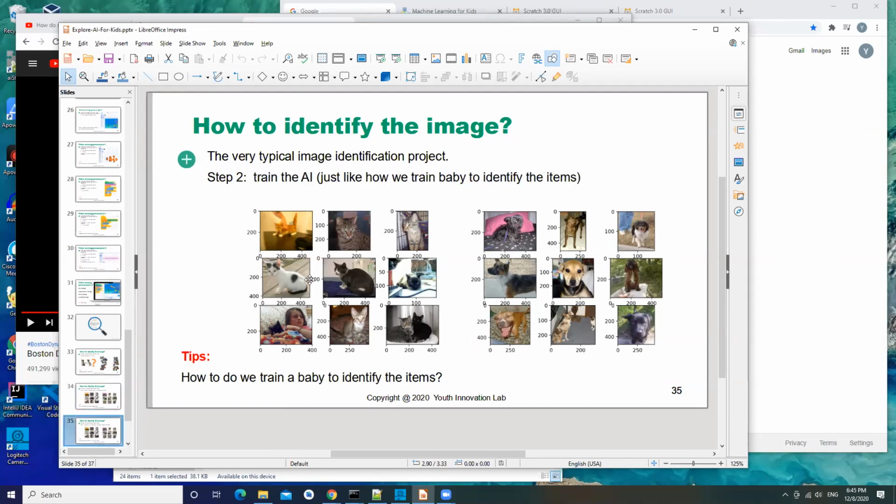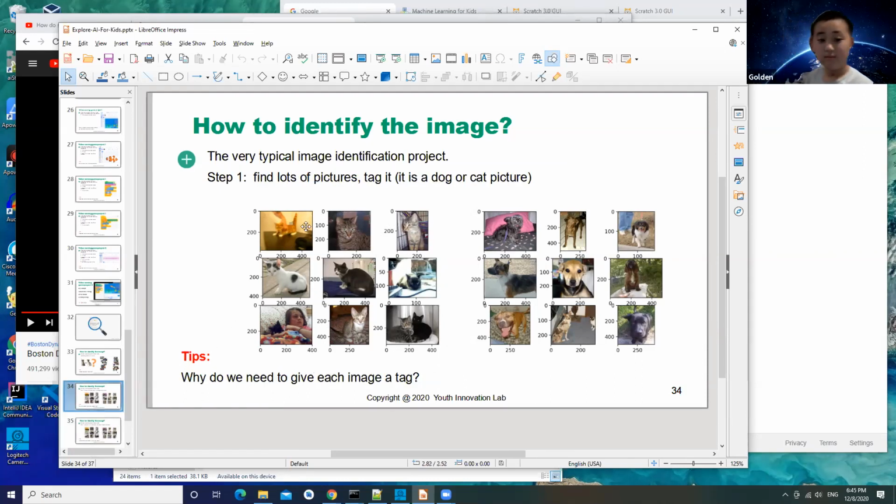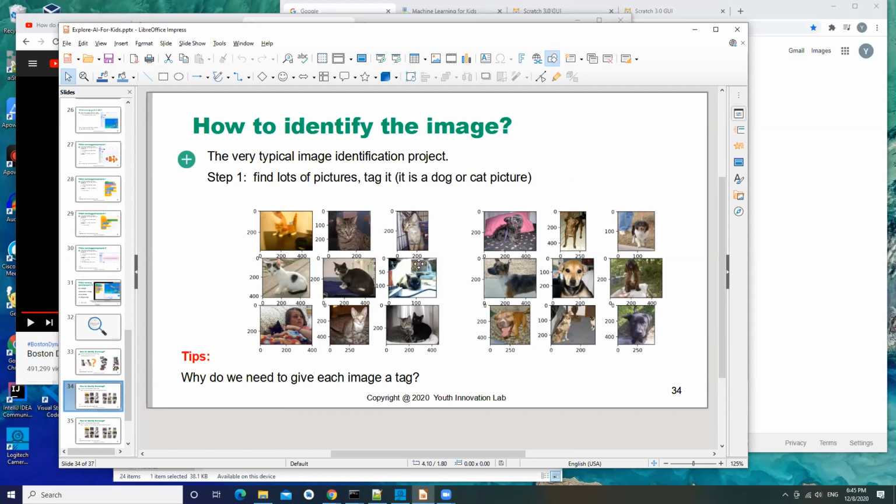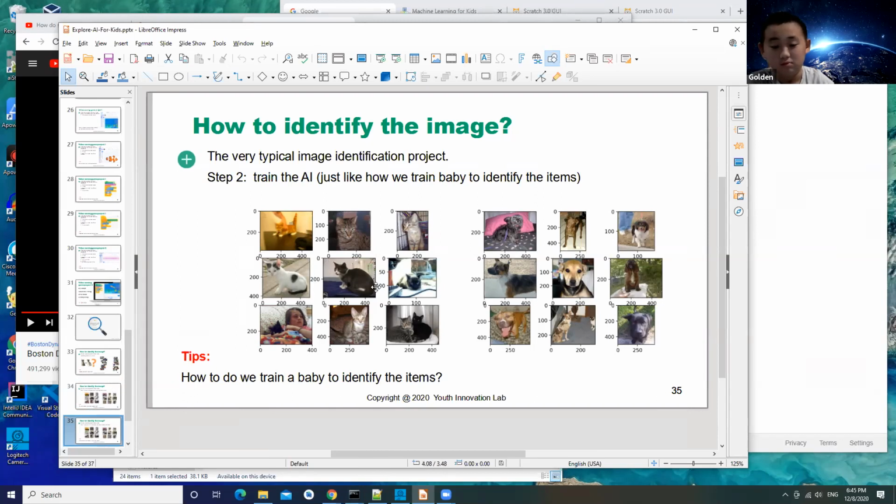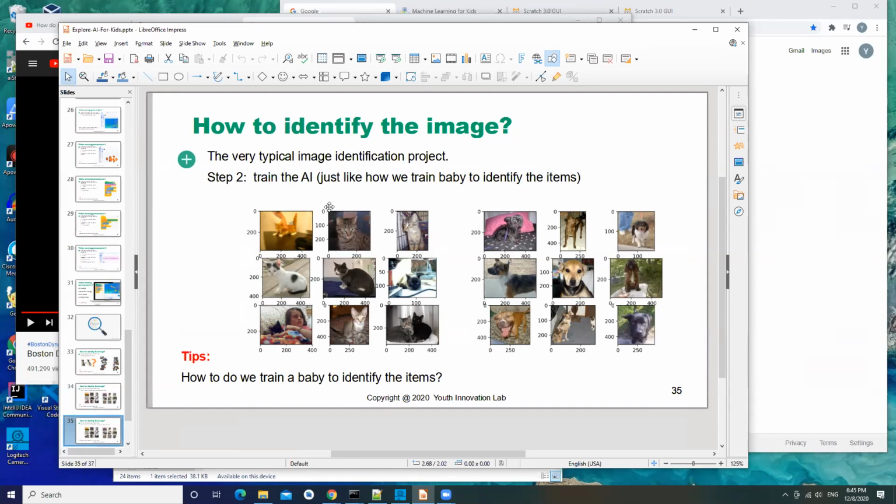Okay, so after the first step, where we found lots of pictures and gave them different tags, the second step is we need to train the AI. I use the AI here, but you can think about any sort of device or computer or software, software combined with hardware. So you have to train them.